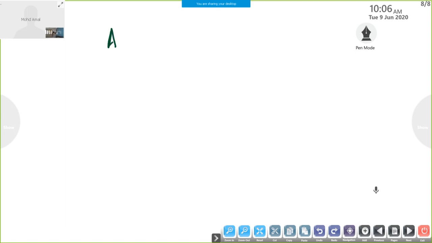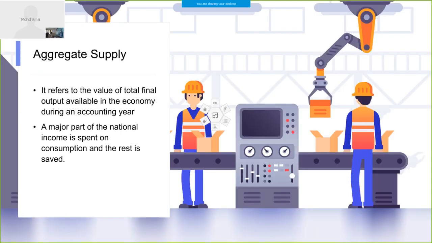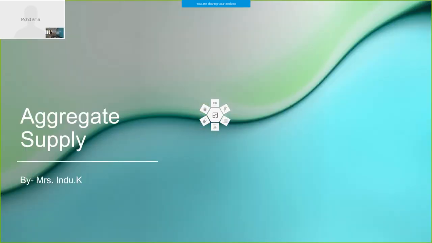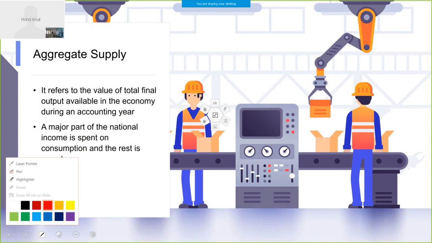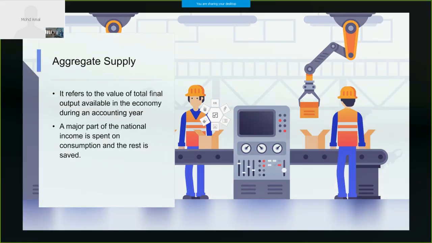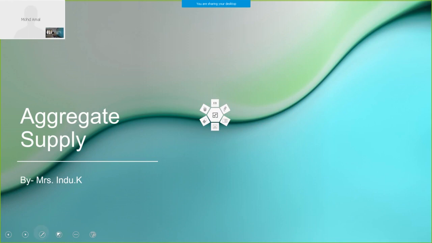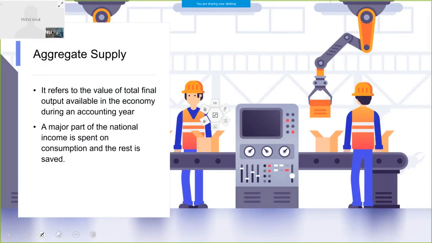So we completed aggregate supply. This is aggregate supply. It refers to the value of total final output available in the economy during an accounting year.